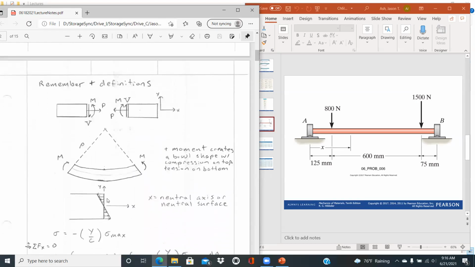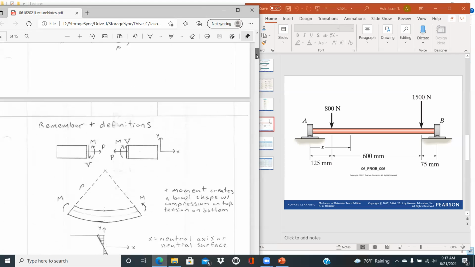Y, if we look at the beam, is just that vertical direction from the neutral axis. In this case, say we're dealing with a rectangular beam, the neutral axis would be in the center, and Y would just be vertically upward.